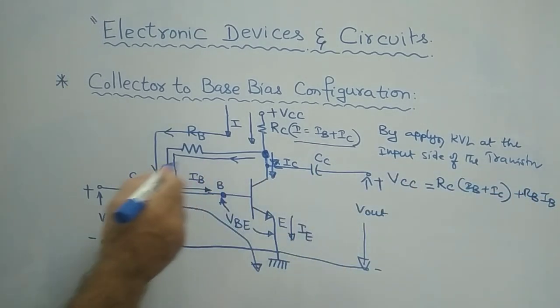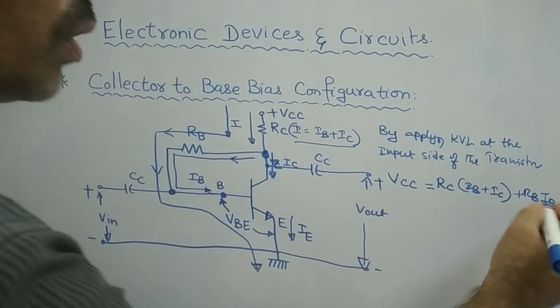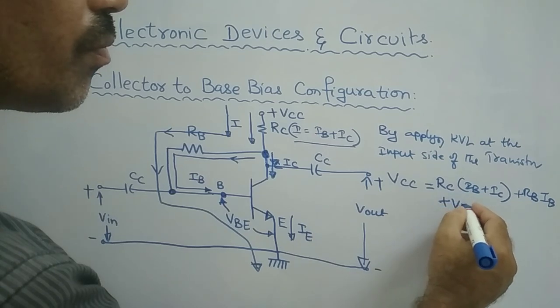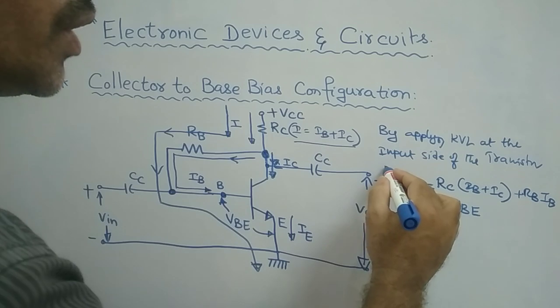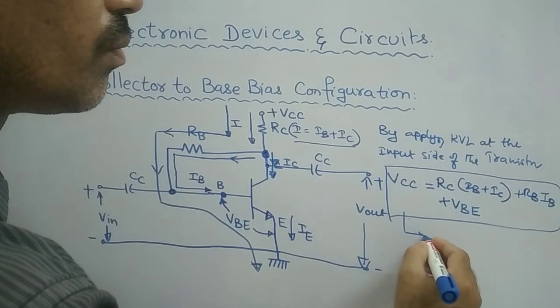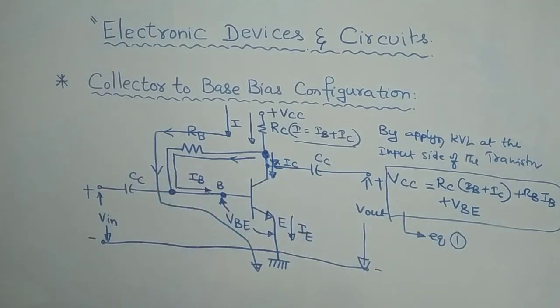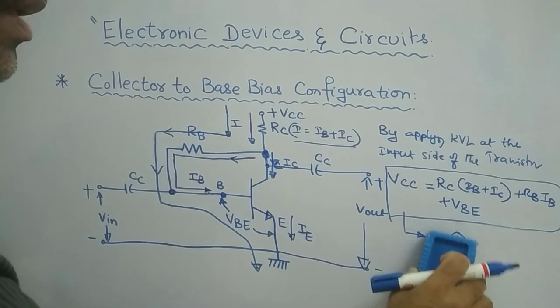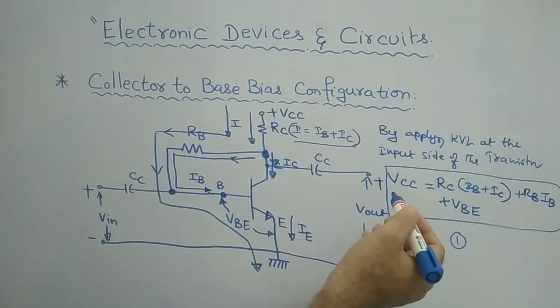Clear? RB into IB. Next, plus VBE, the base emitter voltage. This is the equation. Put it in a box. Let us call this equation number 1. Clear? This is Kirchhoff's voltage law.